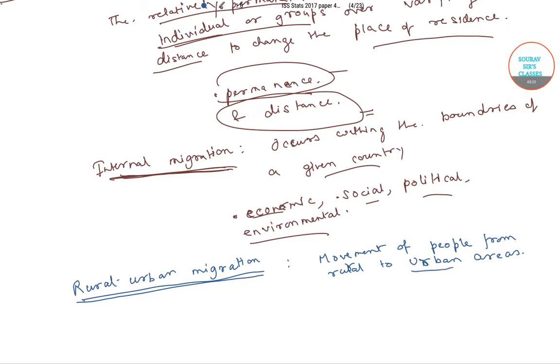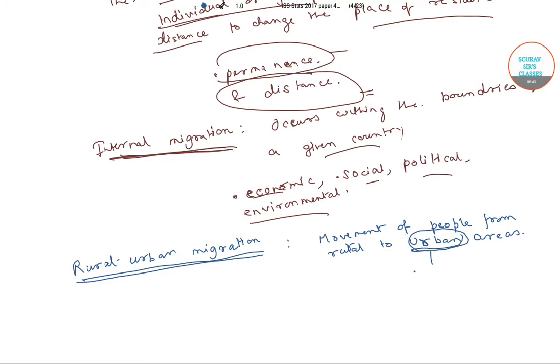where urban areas are the areas of human settlement with high population density, better infrastructure, better opportunities and social structure.